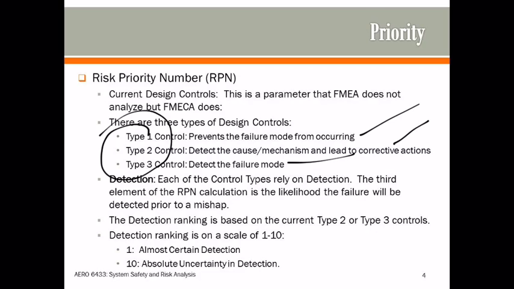So each of the three design control types, type 1, type 2, type 3, rely on detecting the failure mode prior to the actual failure. The detection ranking given for the risk priority number is based upon the reliability of that control. In other words, how reliable are these types in detecting the problem before it occurs?